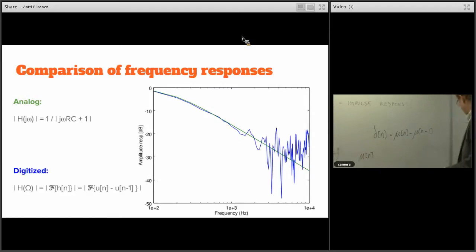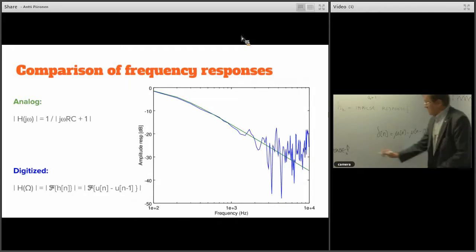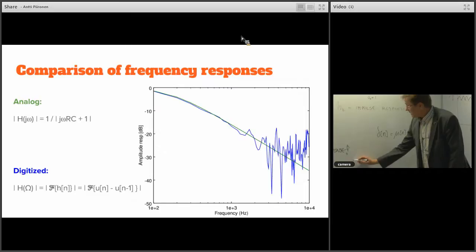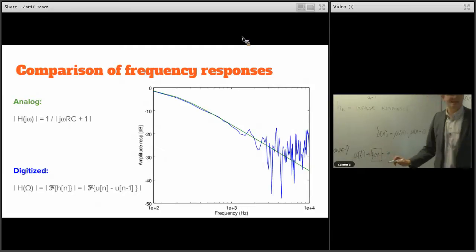This time, I had a continuous time step function that I ran into this continuous time system, and I digitized the step response.